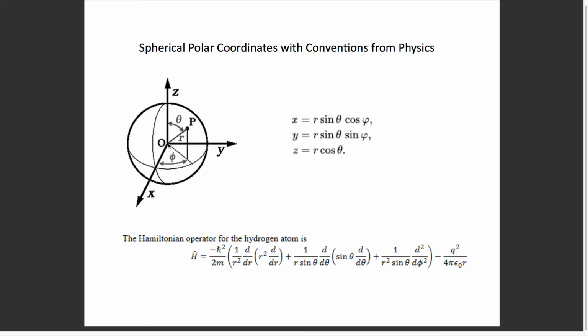So r sine theta is this distance from the origin here to the point where you drop the perpendicular. And then there's a cosine theta, or cosine phi rather, for the x component, right? Because this x component of that line segment is opposite over hypotenuse again, so that cosine phi is equal to x over r sine theta, right? X being the x component, the adjacent, r sine theta being this hypotenuse.